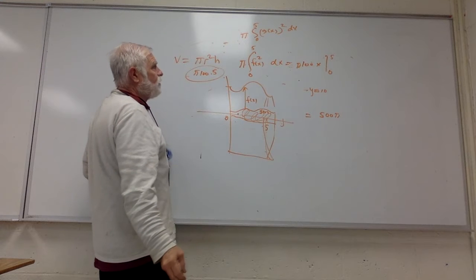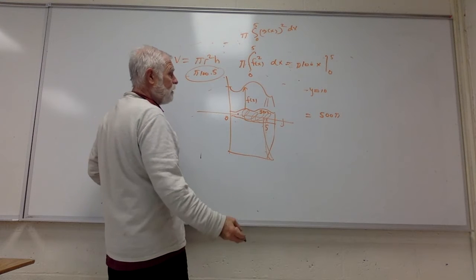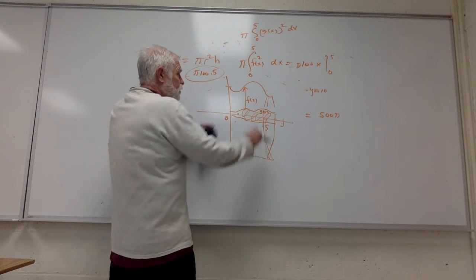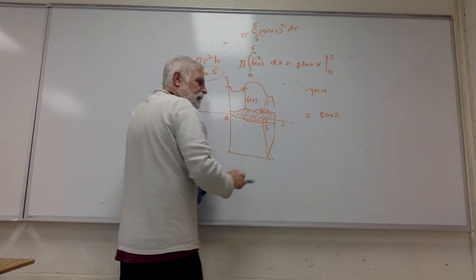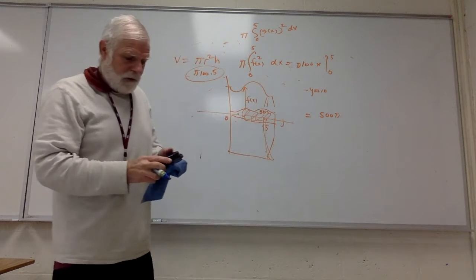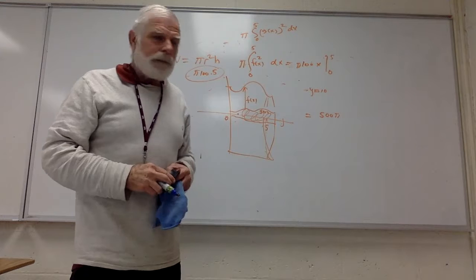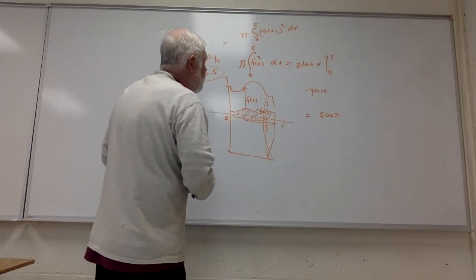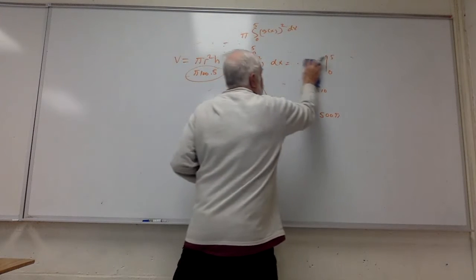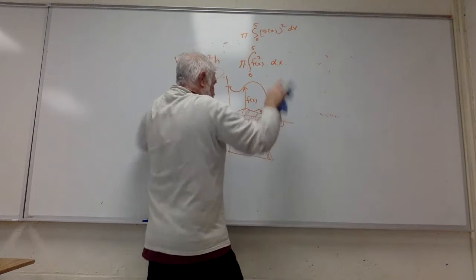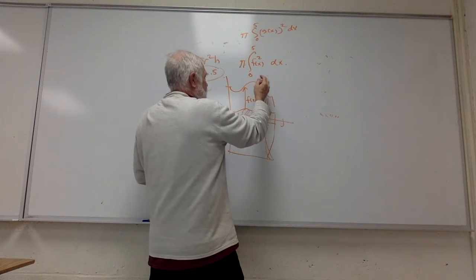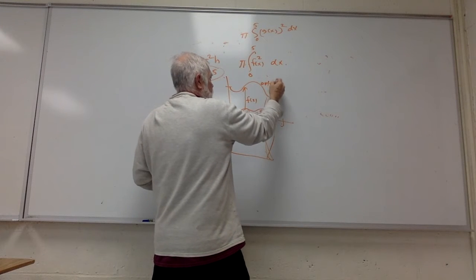Well, what if I wanted to find the volume if we took this disk out of it? Wouldn't I create something that looks like a washer? It's got a hole in it. So how are we going to write these from now on? Exactly what I said. We're going to take g of x. There's my first disk, my big one, my outside edge disk.